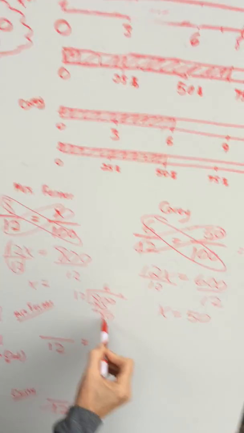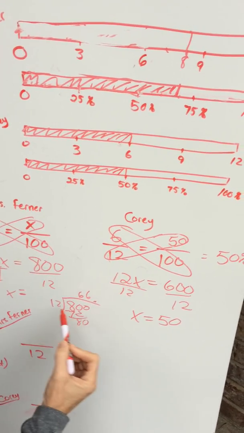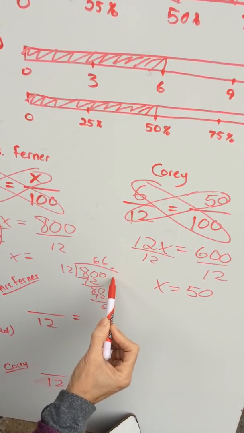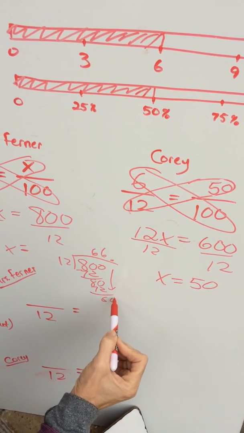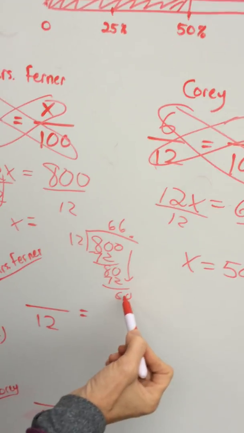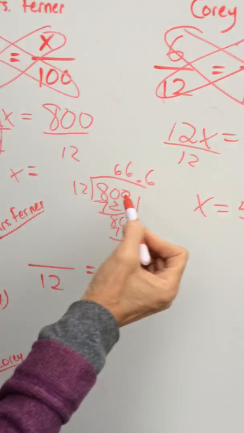Again, 12 goes into 80, 6 times, so that would be 72 again. It looks like we're going to get repeating 6s.